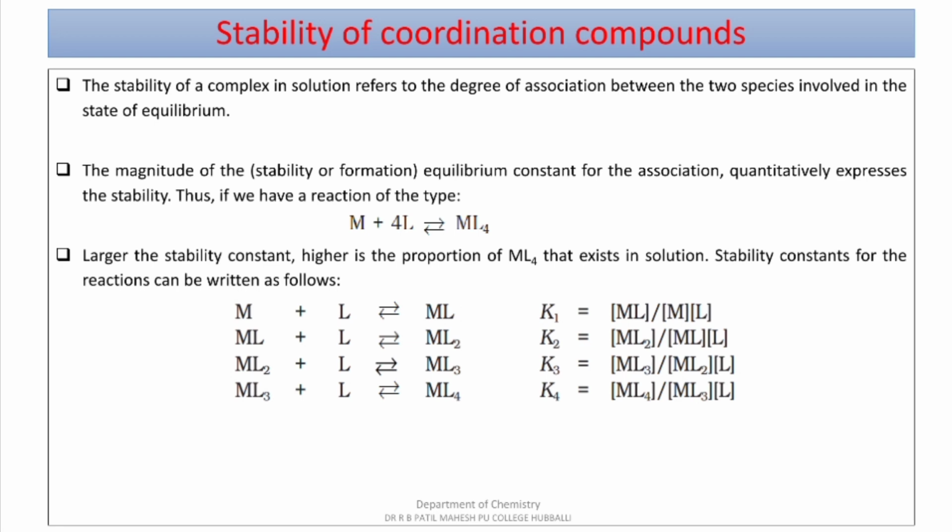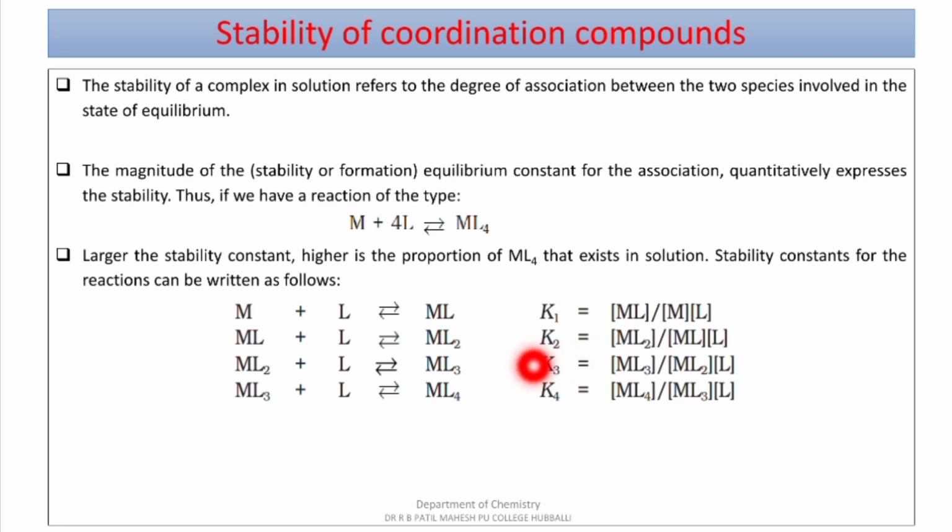Therefore, according to the rate equation, K1 is equal to the concentration of ML divided by the concentration of M into the concentration of L. That ML now combines with another ligand, leading to the formation of ML2.